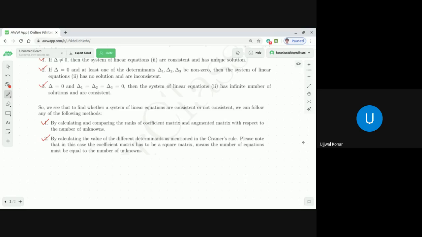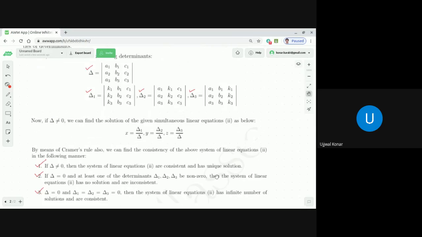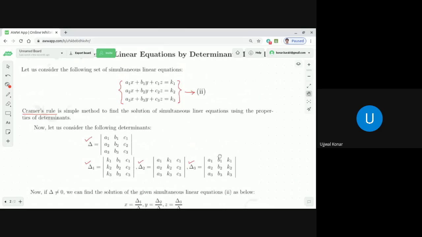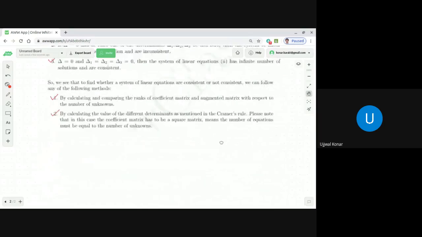Now, dear students, if you look into this particular equation, what have you done? K1, K2, K3. Now what will happen if K1, K2, K3 are 0? That means, in other words, what will happen if it is a homogeneous system of linear equations? Let's understand this case with respect to the determinant.